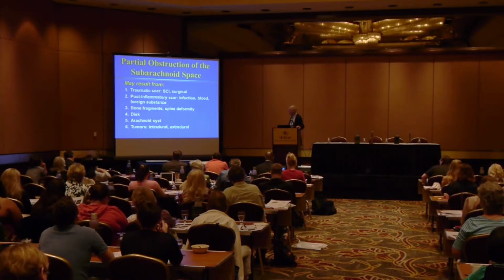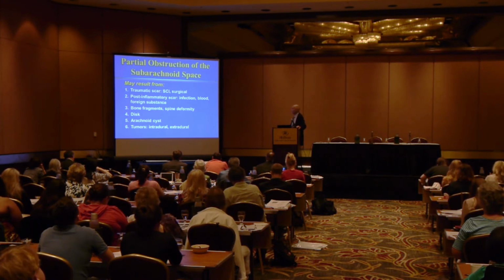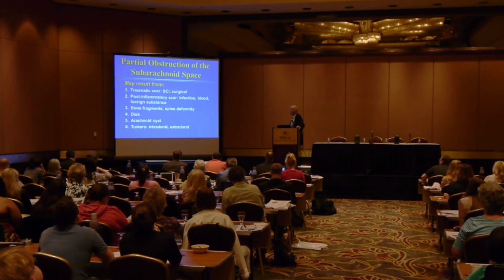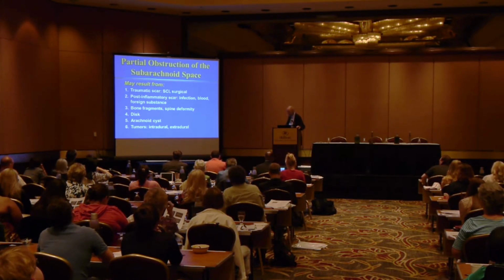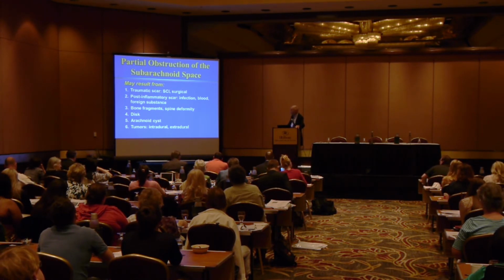Now, this sort of partial obstruction of the spinal fluid space around the spinal cord can occur from spinal cord injury, as you see here. It can occur after meningitis, after hemorrhage into the subarachnoid space, or sometimes when some foreign material has been introduced into the spinal fluid. Bone fragments from an injury or a severe deformity of the spine can do it.